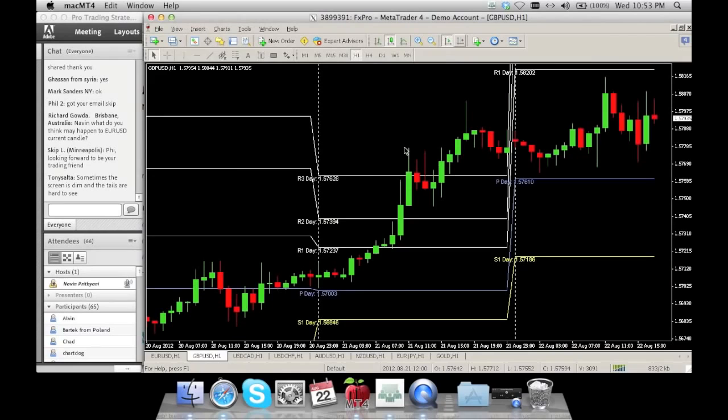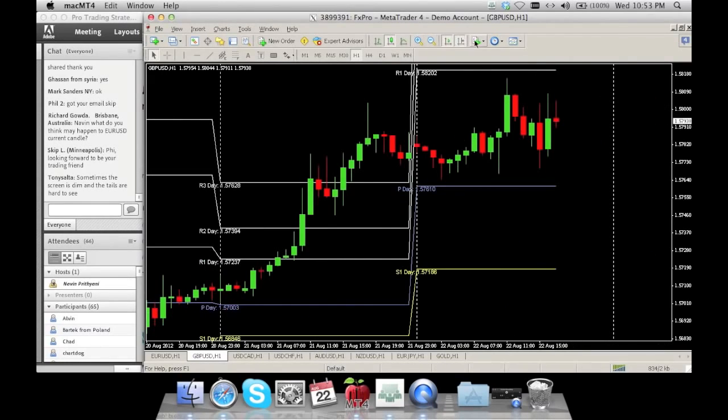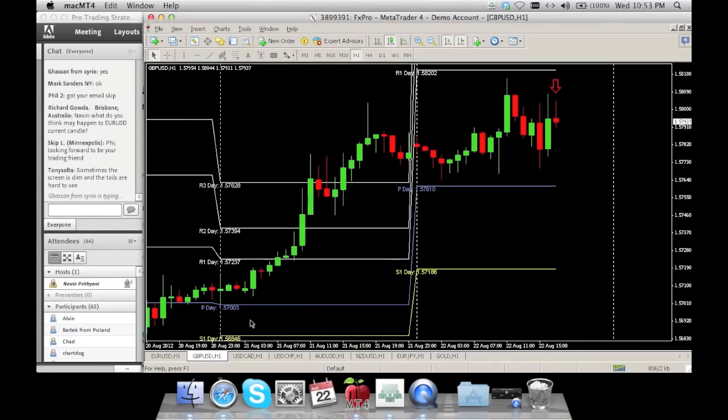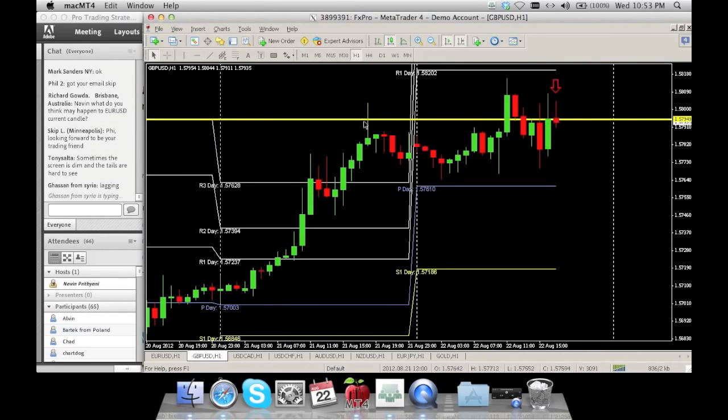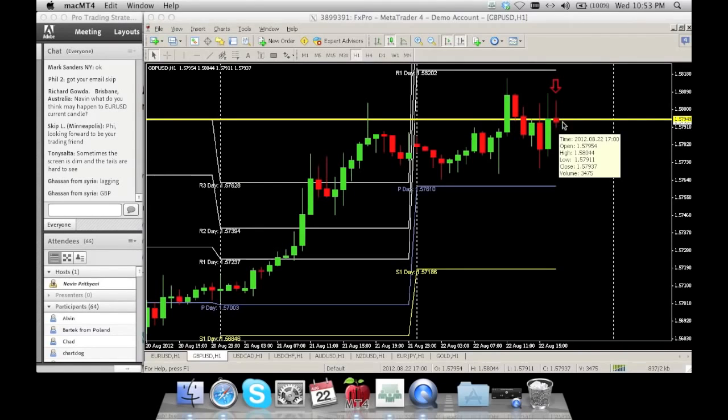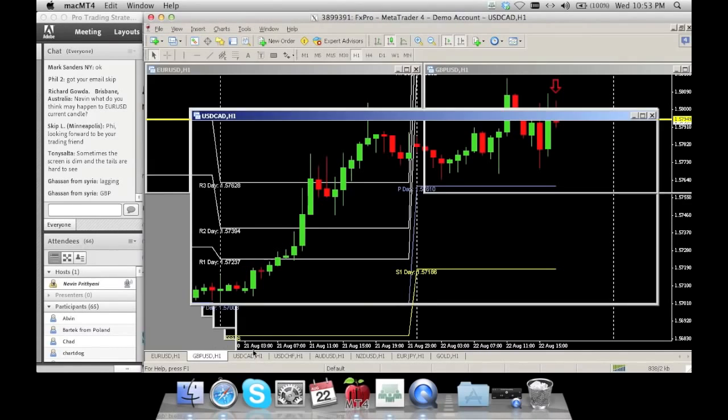All right, take a look at this pattern here. Keep an eye on this one. A mini little exhaustion. Okay, next thing. Support line. It's closing below it as well. So are we clear for a landing? Maybe. Let's take a look at the other pairs.